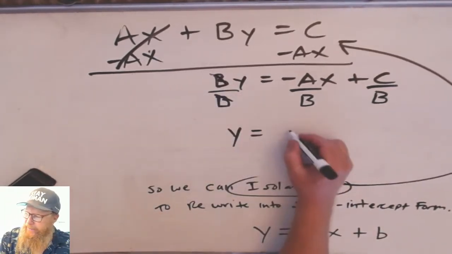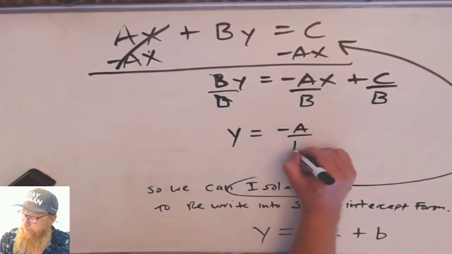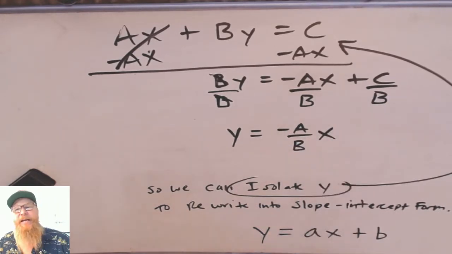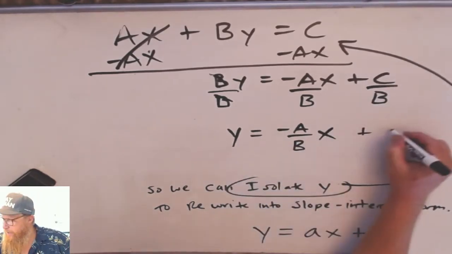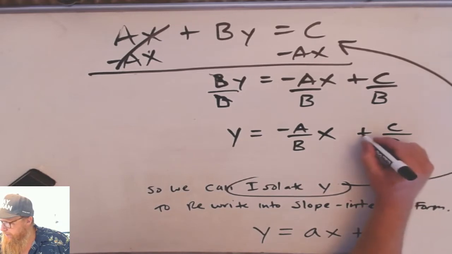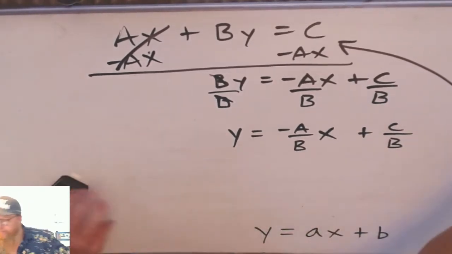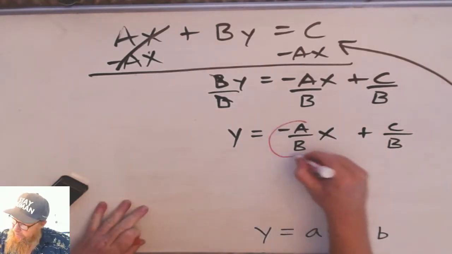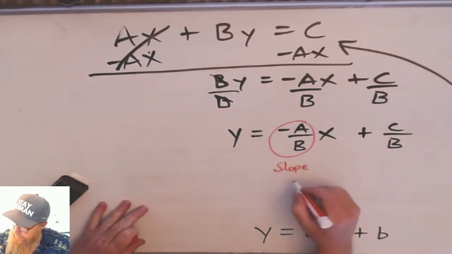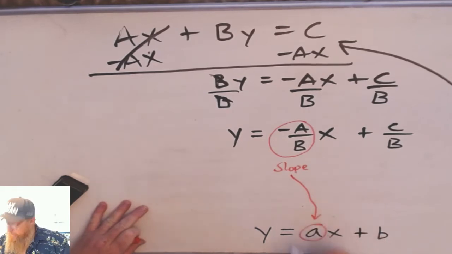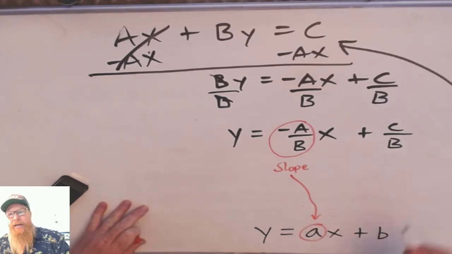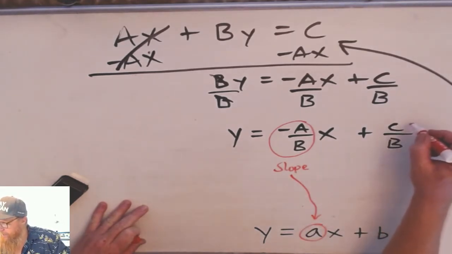And we're going to write this as negative A over B x. I like to put the x off to the side. Plus C over B, and then we rename everything. This is the slope. That's a. And this is the y-intercept.